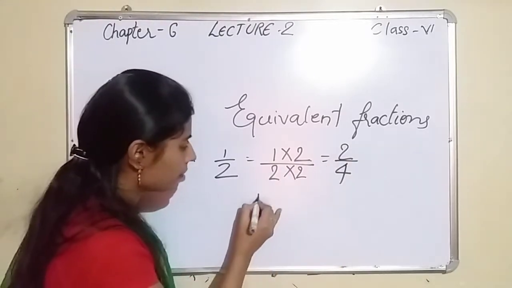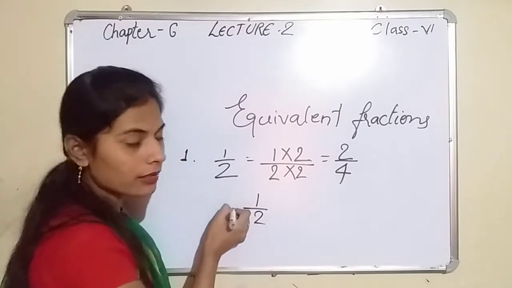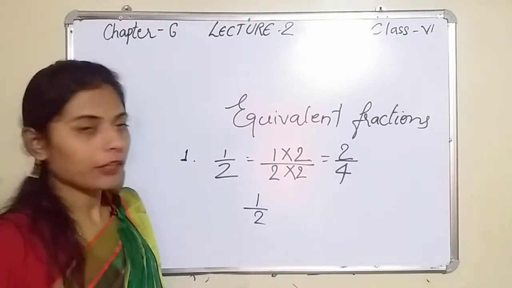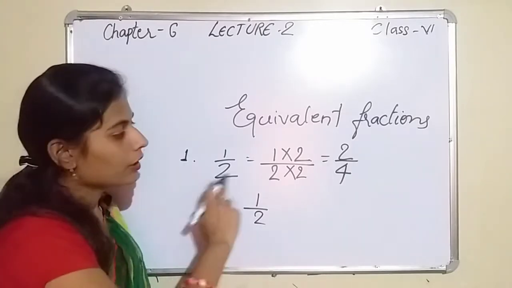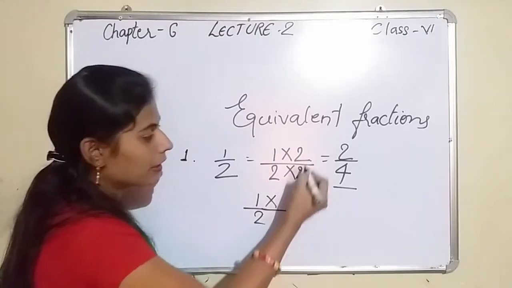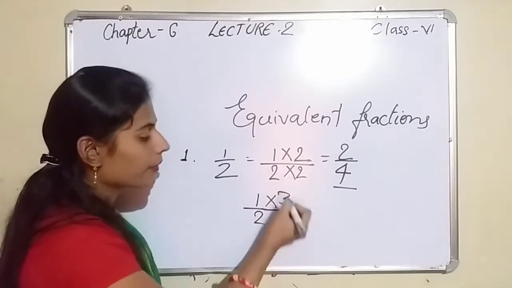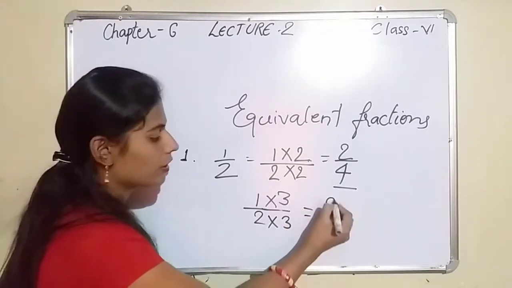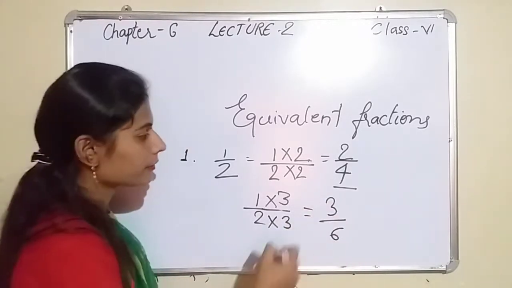Then 1 by 2, again you have to take this. If you have to find 4 equivalent fractions of 1 by 2, one equivalent fraction is 2 by 4, where you multiplied by 2. Then multiply by 3. If you are multiplying the numerator by 3, here also you have to multiply by 3, so it will become 3 by 6.